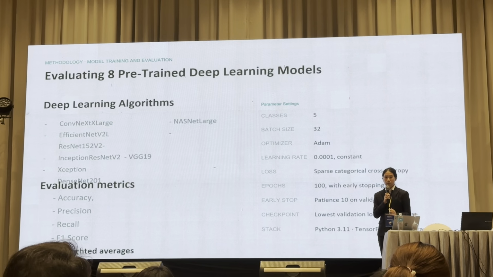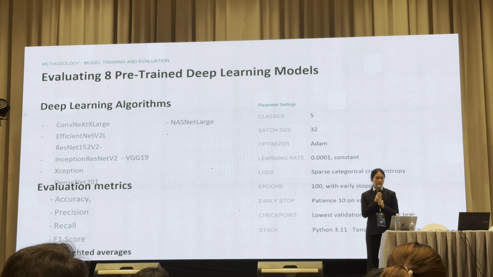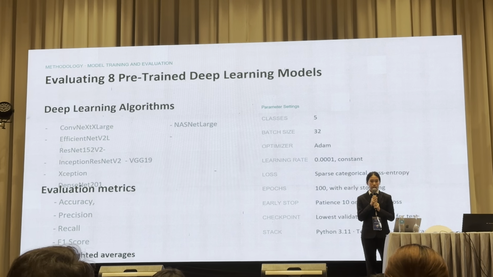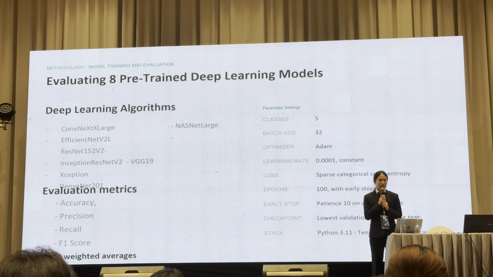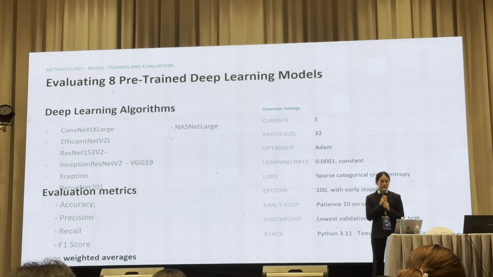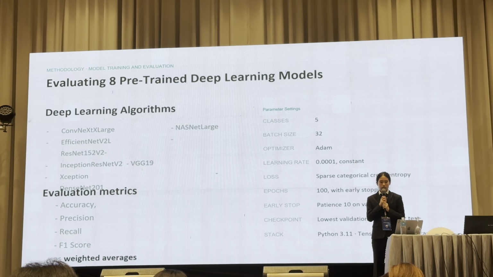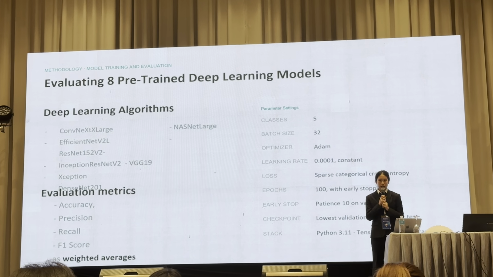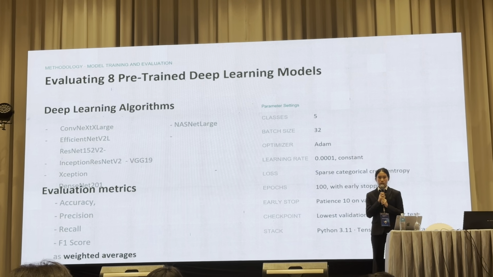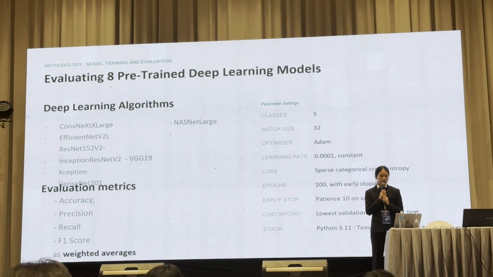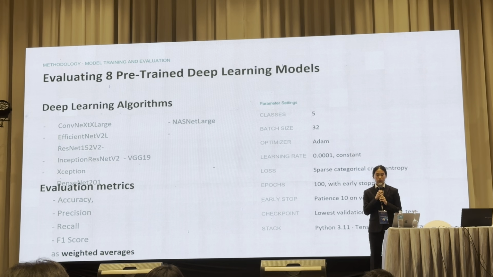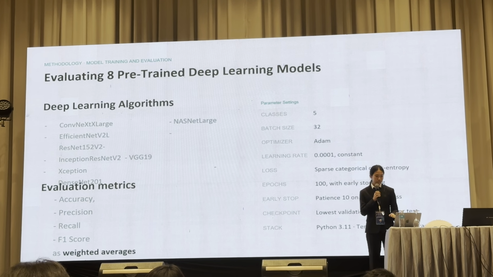With the data set prepared, we then evaluated a range of ImageNet pre-trained CNN architectures using a transfer learning approach. Rather than training from scratch, we froze the pre-trained feature extraction layers and trained a new classification head on our data set. All models were trained under the same conditions using early stopping based on validation loss, and the best checkpoint was retained for testing.